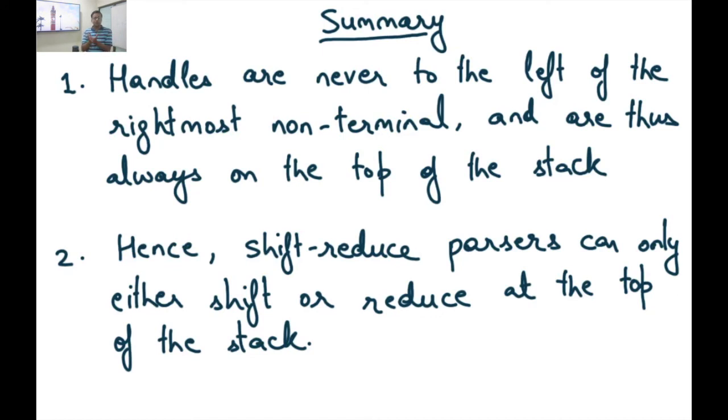If I have to reduce, I will be reducing on the top of the stack, or I will be moving right, because the next handle will only be to the right, never to the left. And hence a shift-reduce parser can only either shift or reduce at the top of the stack. This is something that we have been assuming so far, and the idea of handles and the claim, the important fact number 2, formalizes that assumption for us.